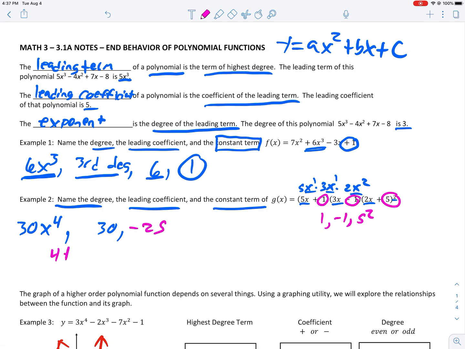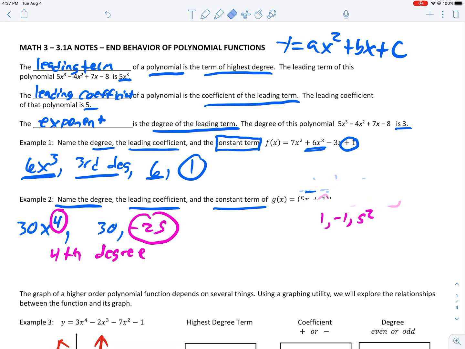And this is a fourth degree, because that's a 4. If you were to multiply all of this out, the 1, negative 1, and 5 squared would eventually get multiplied together, and that would be your constant. Or you would eventually combine like terms. So that would be the negative 25.